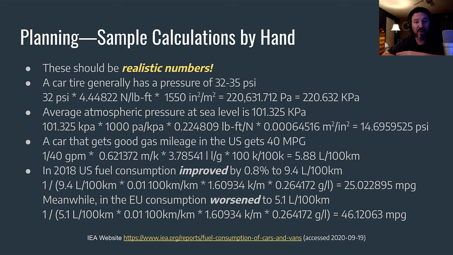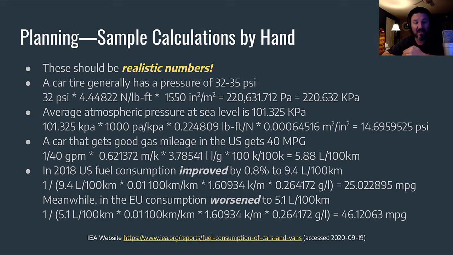When you plug that into the equation, that's actually only 25 or so miles per gallon. Meanwhile, in the same year, 2018, European Union consumption worsened to 5.1 liters per 100 kilometers. When you plug that in, it's 46 miles per gallon.